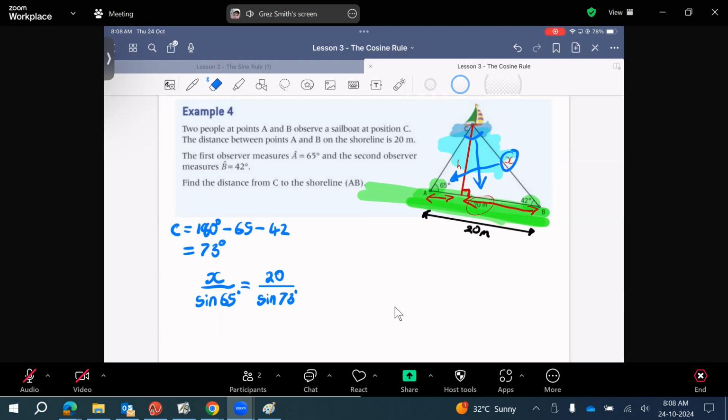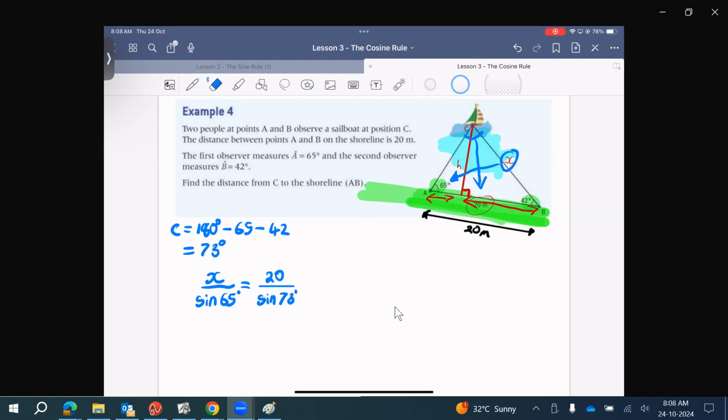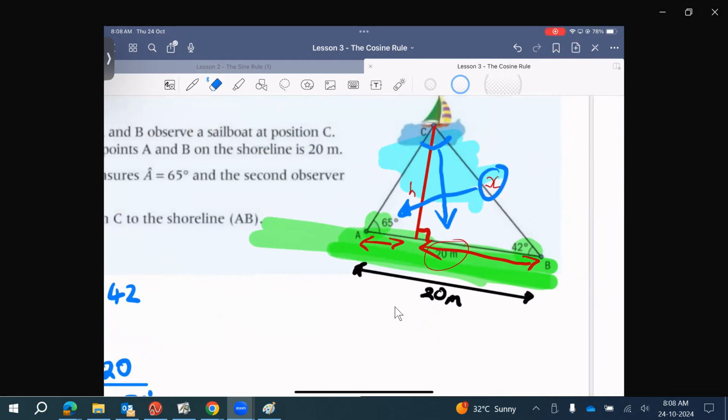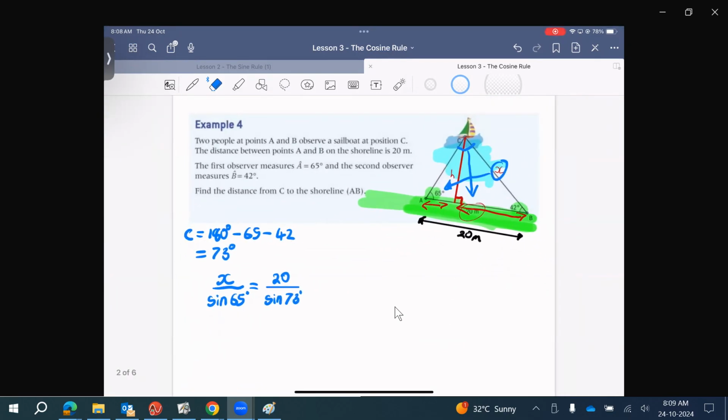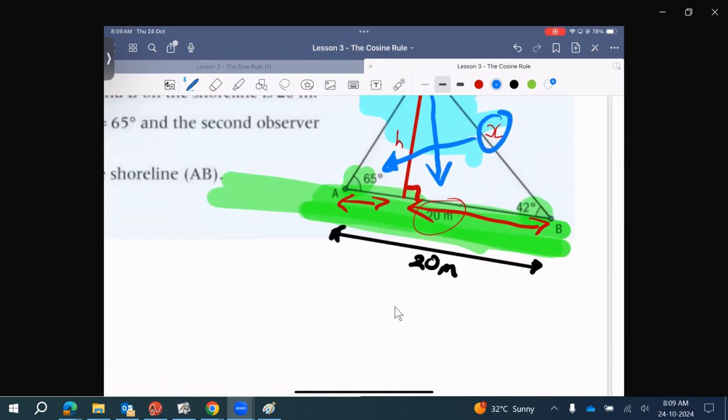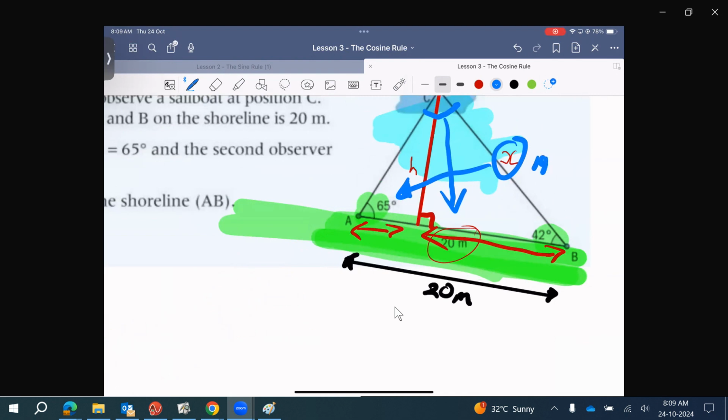So what we're wanting on this one is we now know that that length over there, X, is equal to 19.0 meters. So if this distance is 19.0 meters, we're after h.